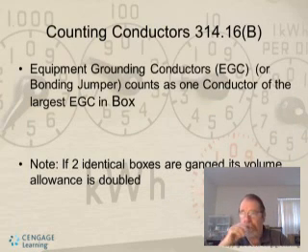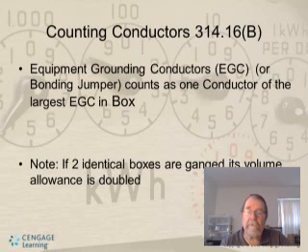Now, counting conductors, again, equipment grounding conductors or bonding jumpers count as one conductor, of the largest in the box. If two identical boxes are ganged, the volume allowance is doubled.